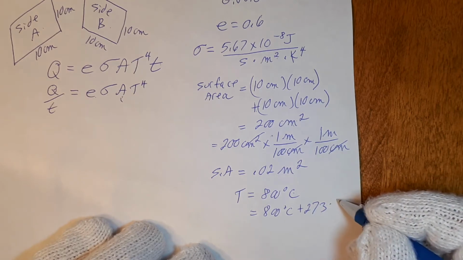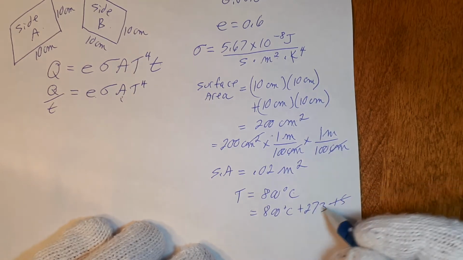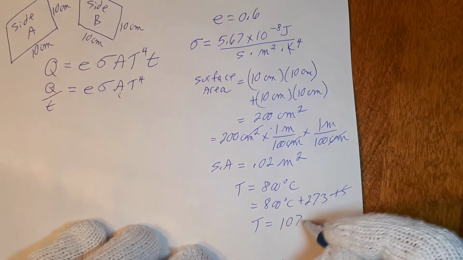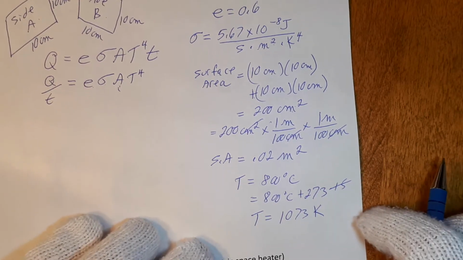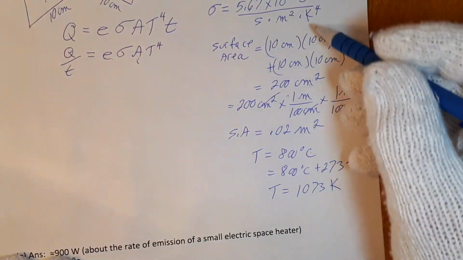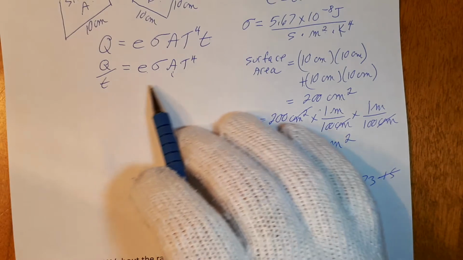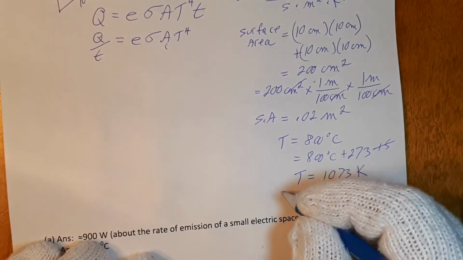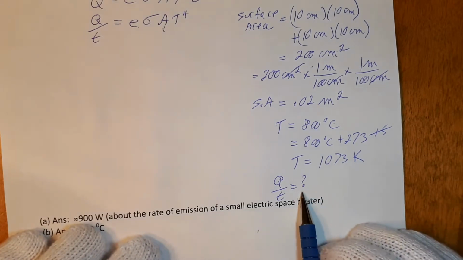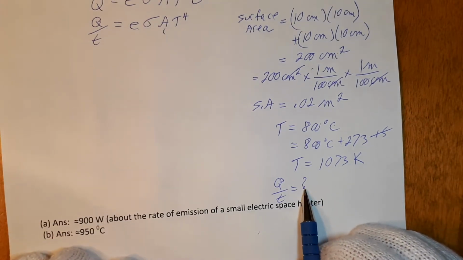I'm going to ignore the 0.15, just use the 273. And the temperature is equal to 1073 K. We now have everything that we need in order to solve this problem. Lastly, write down what it is that we're looking for, and that is the rate of heat being dissipated back into the atmosphere.